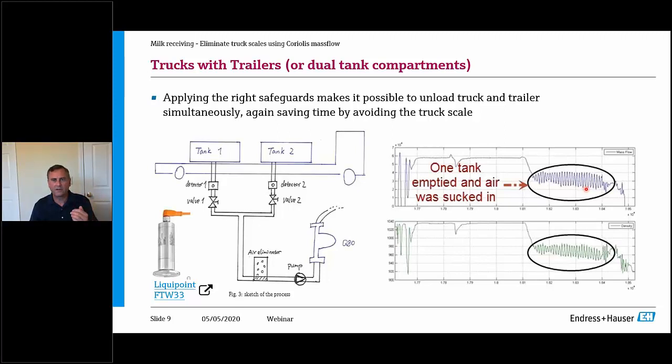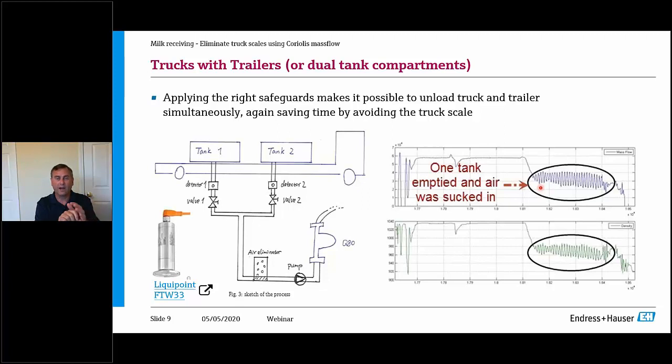One example that we saw as we started installing these ones here were the truck drivers or the loading bay operators were not always paying attention and not always having the gaskets in place. So when they hooked up the hoses to the truck, if they forgot to put the gasket in, guess what? You start sucking air in at that point.